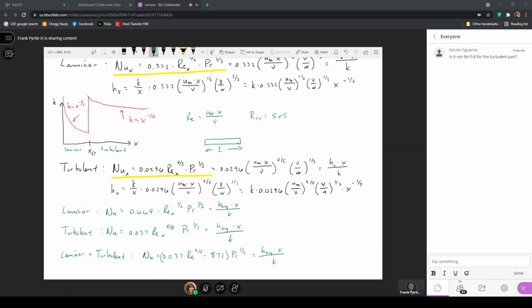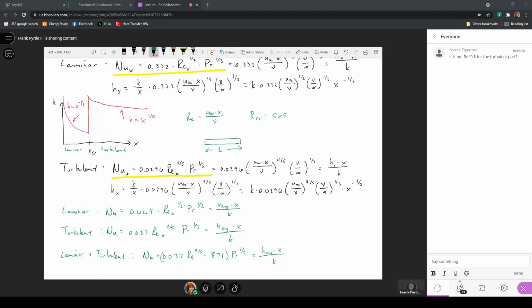Then since I would have found the transition point, from the transition point to the trailing edge of the plate, I would find the average value of the heat transfer coefficient using the turbulent correlation and multiply by the same Ts minus T infinity, and that will give me the heat flux just out of the turbulent region.